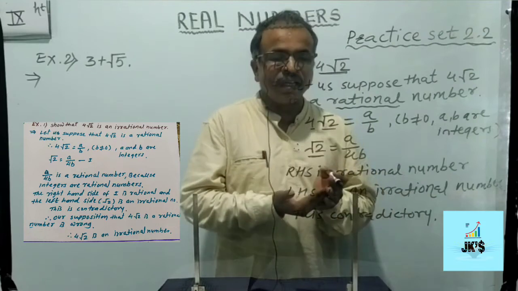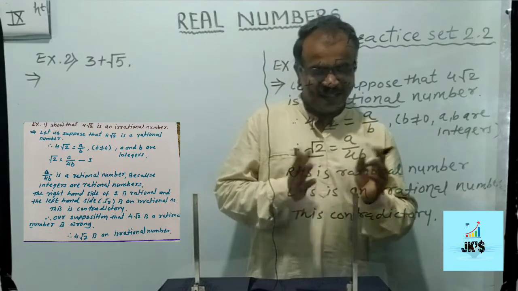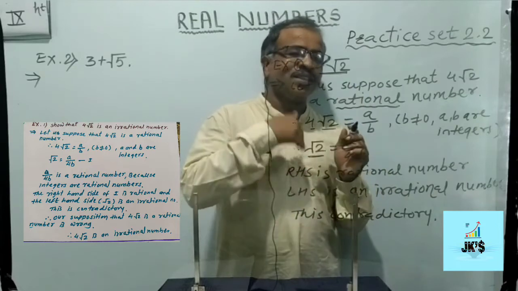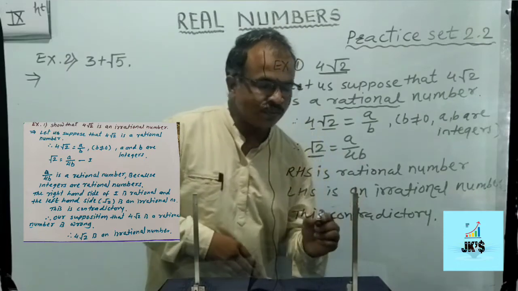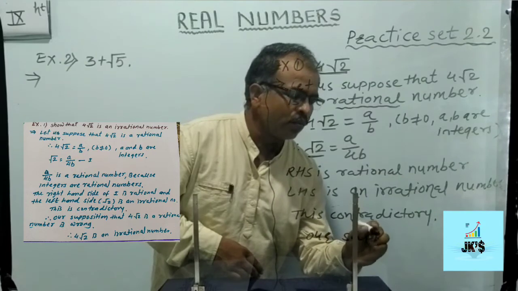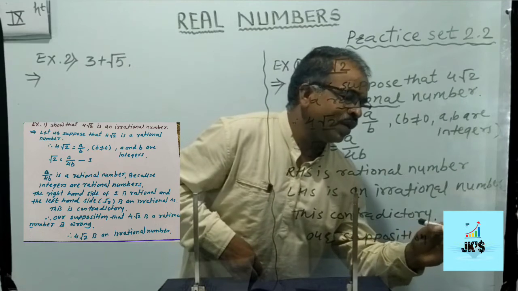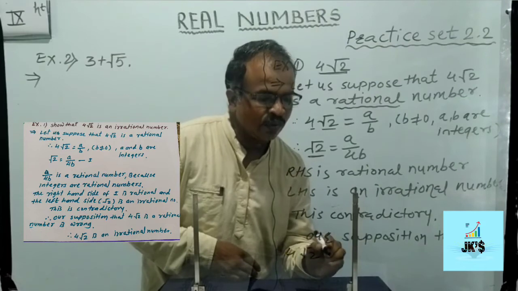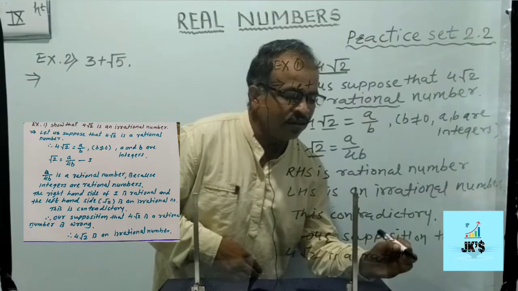So what is correct? 4 root 2 is irrational. We had supposed that it is rational, but it is wrong. Hence 4 root 2 is an irrational number.